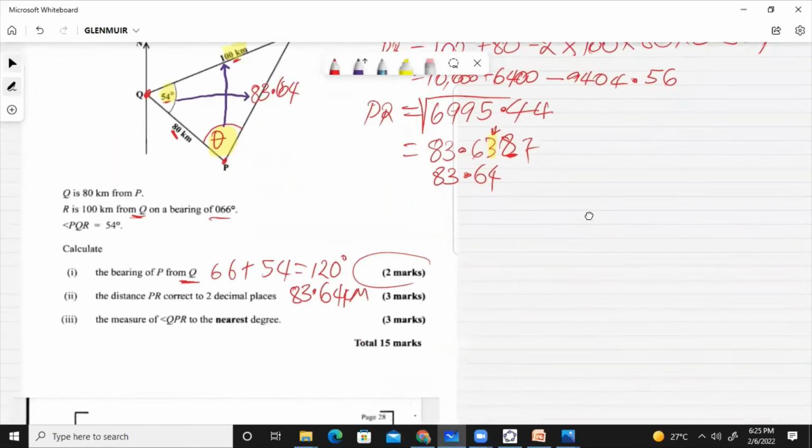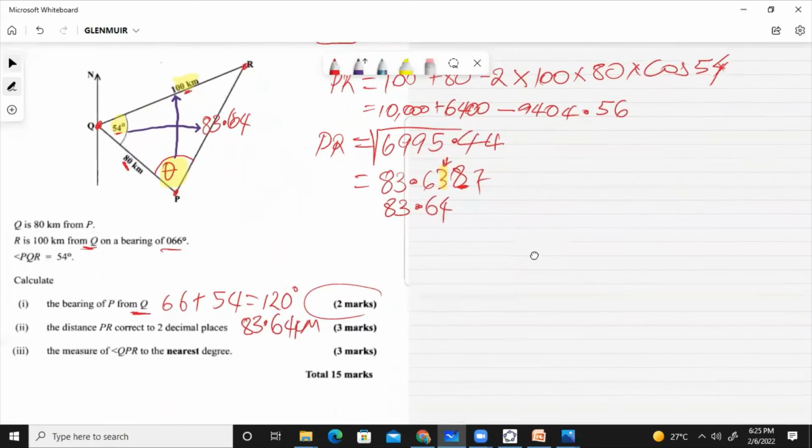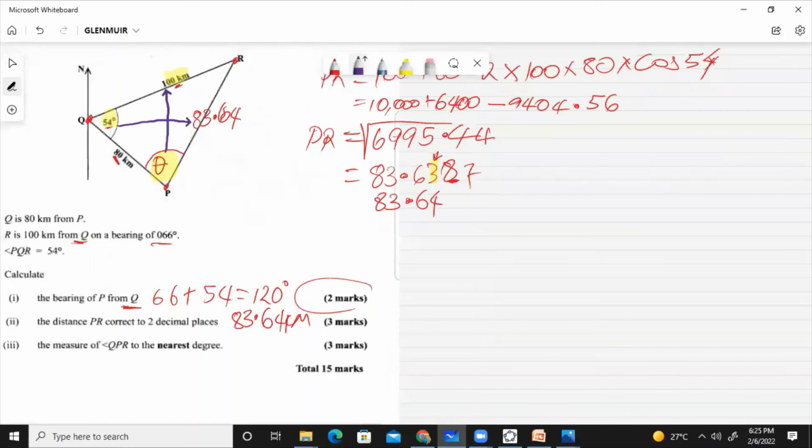A over sine A is equal to B over sine B. So let's write that on the side here. All right, so we're using A over sine A. I'm just going to jump into it. So I'm going to say 83.64 over the sine of 54 degrees is equal to 100 over the sine of the angle we intend to find.